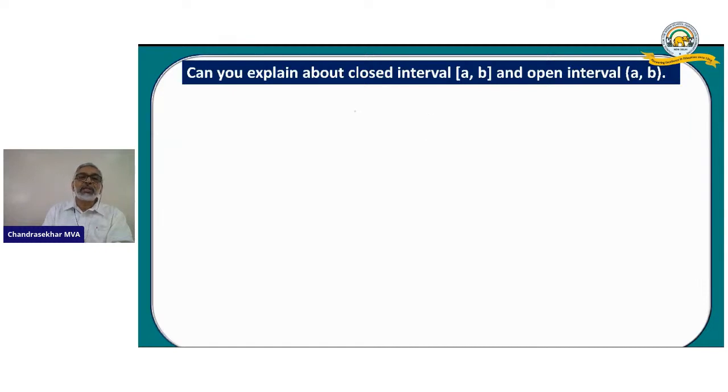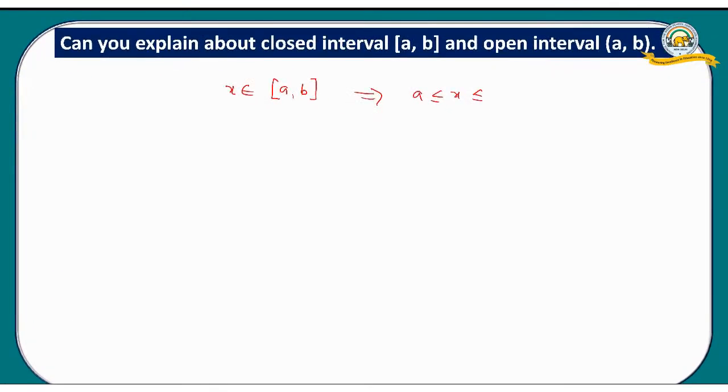The closed interval AB means both the extreme values are included. If you say X belongs to AB, it implies that A less than or equal to X less than or equal to B. X can be any value from A to B inclusive of A and B. That's called a closed interval.